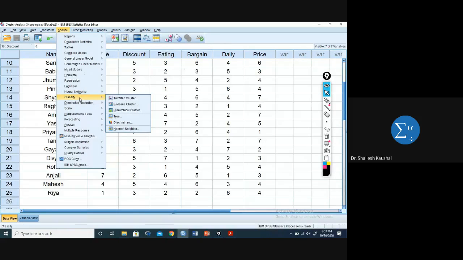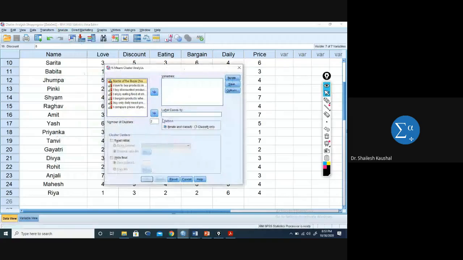So it is not desirable to take 4 clusters. So analyze, classify, and K-means clusters. The number of clusters by default is 2, so I am changing it and putting 3 clusters, because through the hierarchical cluster analysis, we identified 3 clusters are relevant.